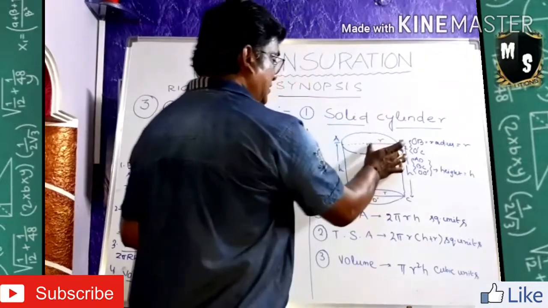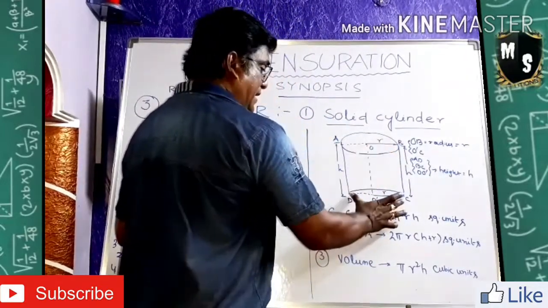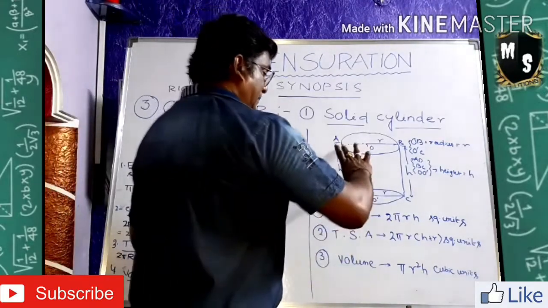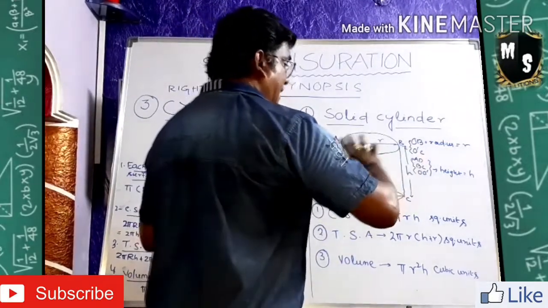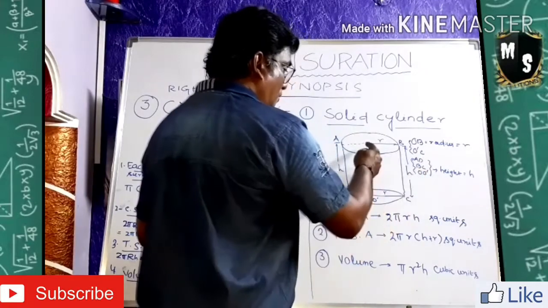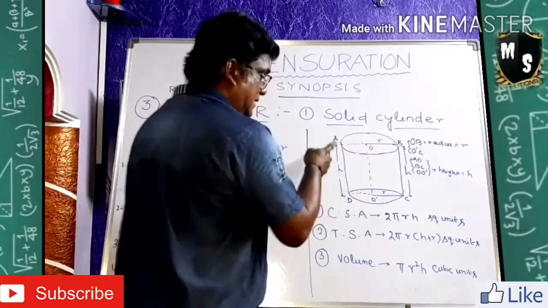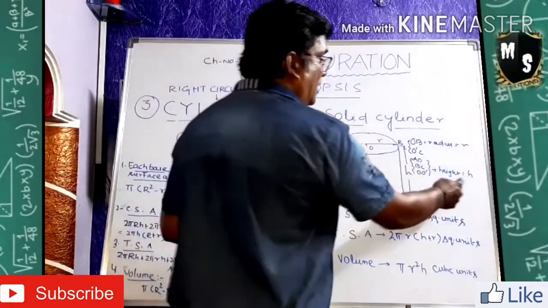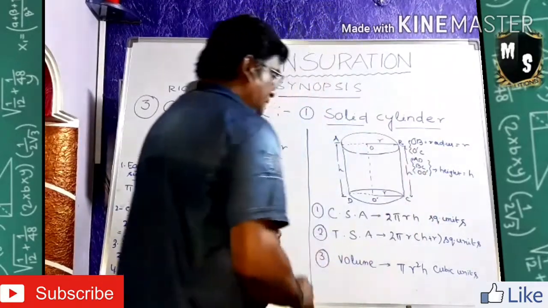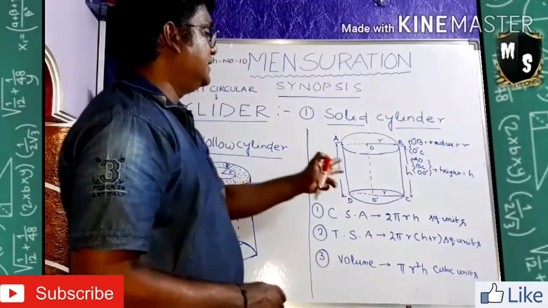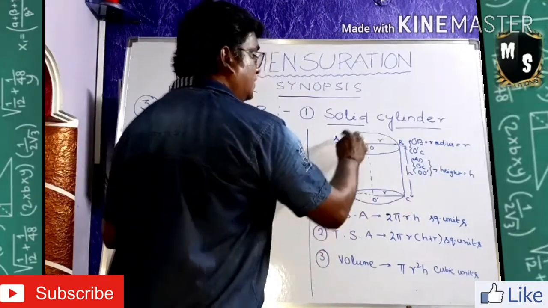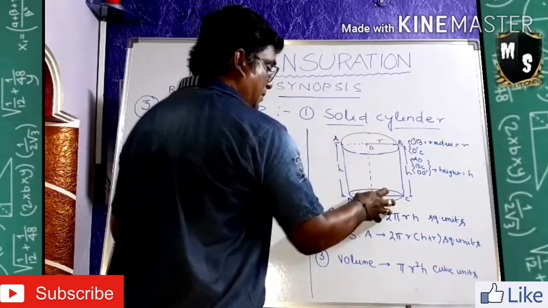Then when you extend the radius, you get AB and DC, which are called the diameter. Then AD, OO dash and BC are called the height of the cylinder.